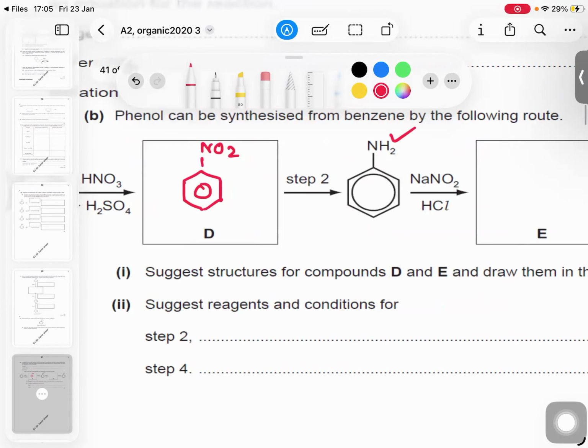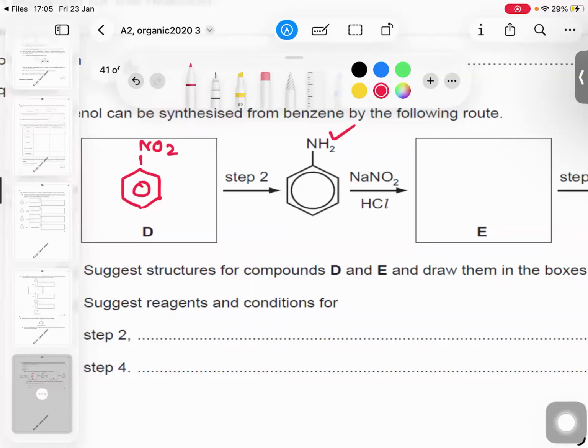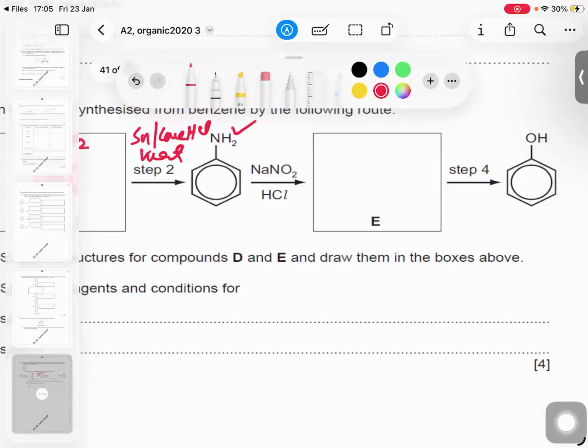And then what is step 2? How do I have to turn it? Tin with concentrated HCl, excess. Reduction. Heat. Then what about E?